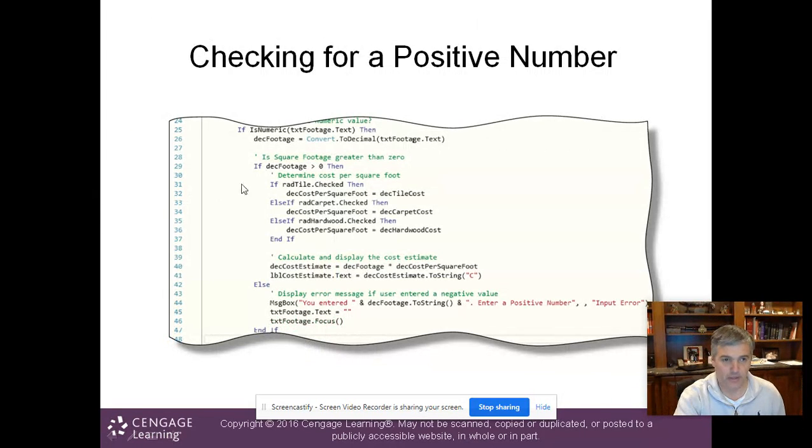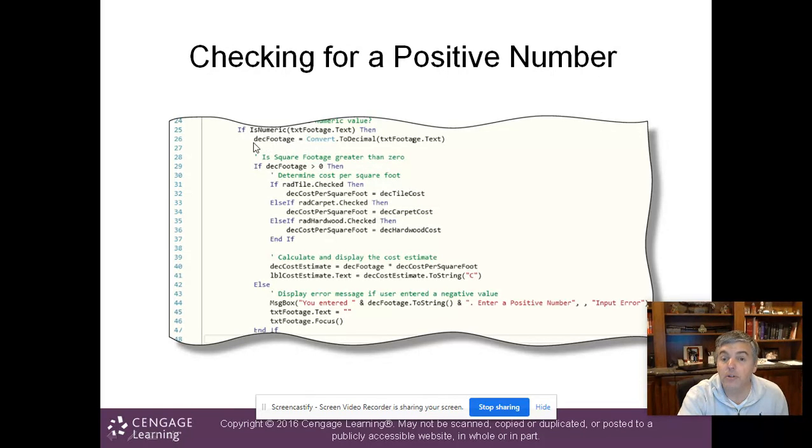Okay, so in this example, we're checking if the text footage is numeric, then we convert the value in our text footage text box to desc footage. So in the previous chapter, we would convert this to a string first, but we know because of what we're doing here that it's a numeric value, so we don't have to convert it to a string first.